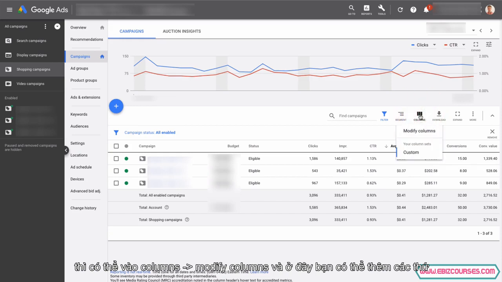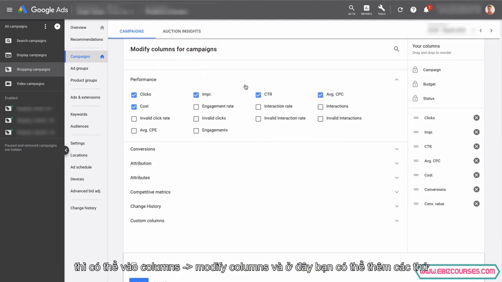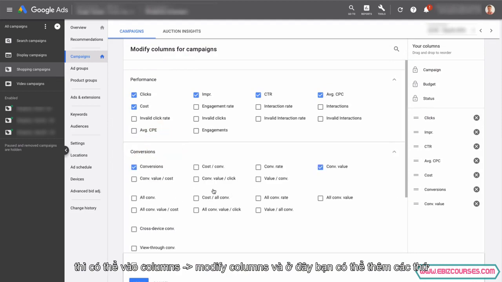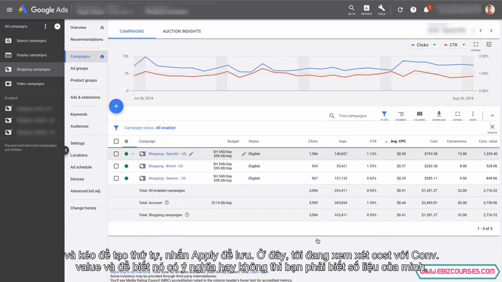Just go to columns, modify columns, and here you can actually add a lot of the different things. So you can see here, if you add things here, it will appear on the right hand side. You can drag and drop to put them in different places or close them. You click apply, and that will actually save those columns.